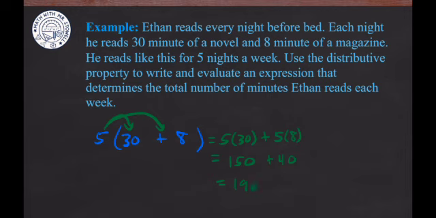Add those together, this would be 190. This is a whole lot easier to solve this way with this problem than to solve 30 plus 8 times 5. That's a little bit more difficult for us to think about, how to solve 38 times 5, versus 5 times 30, 5 times 8.